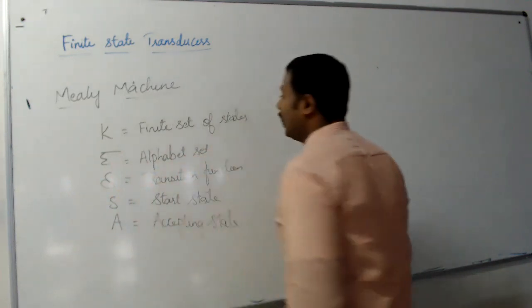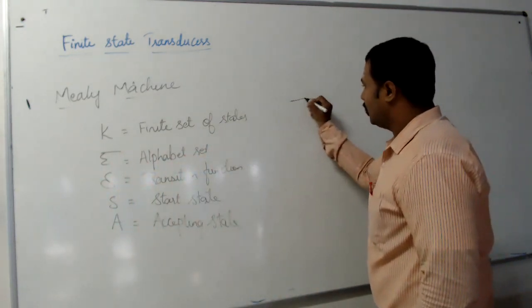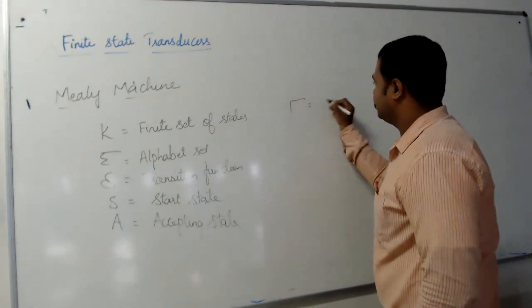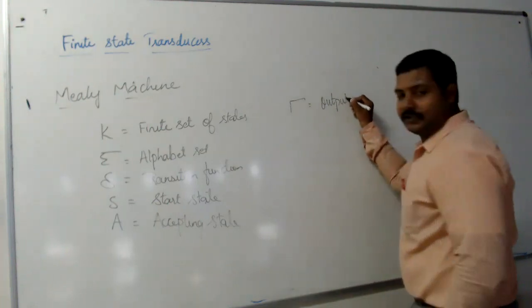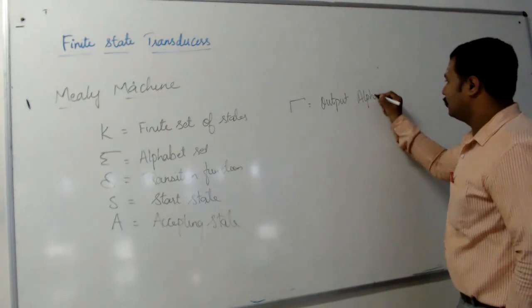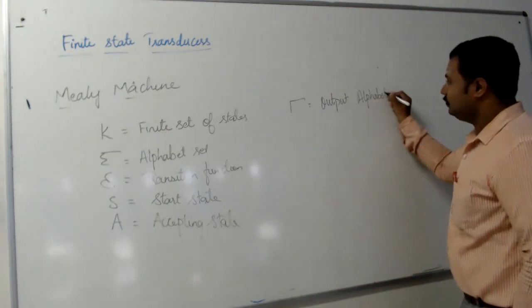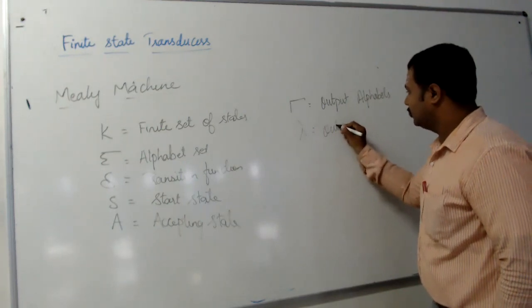So what are the output alphabets? Output alphabets are defined with this symbol. This is output alphabets. And next is lambda. This is called as output function.